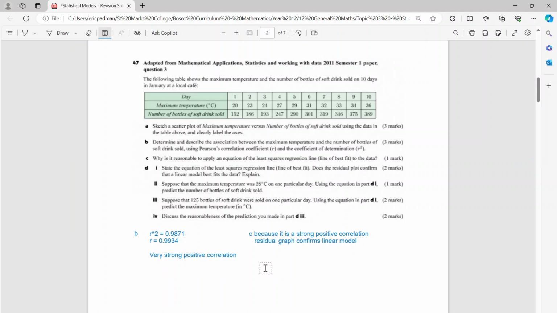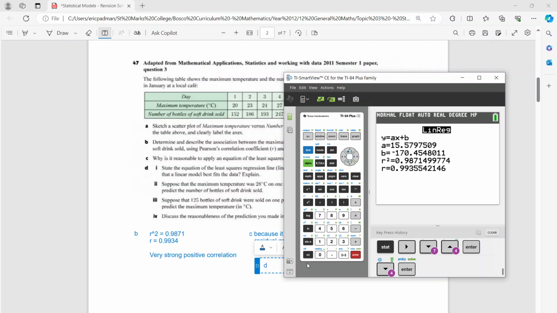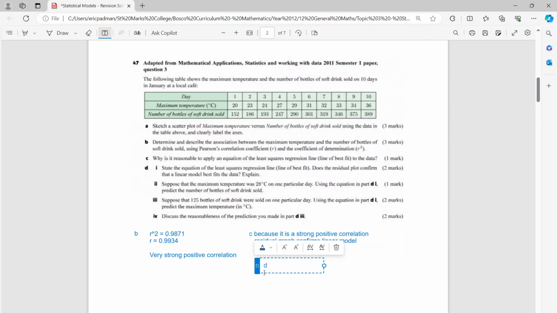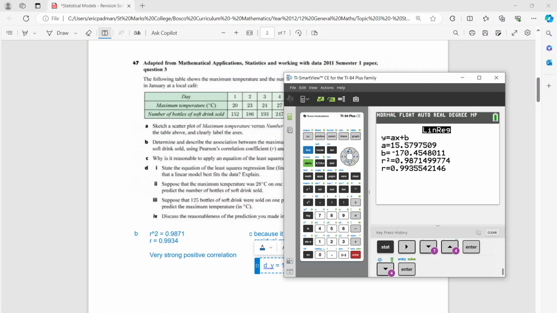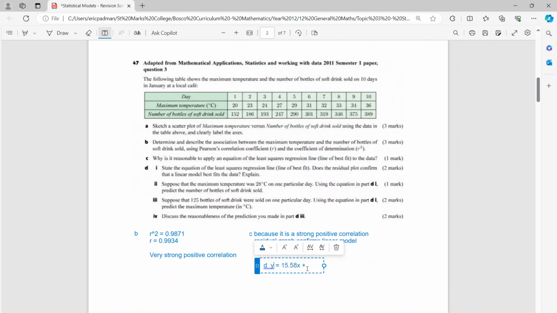Okay, all right, so D. The equation is y equals 15.58x minus 170.5. Okay, so four significant figures.